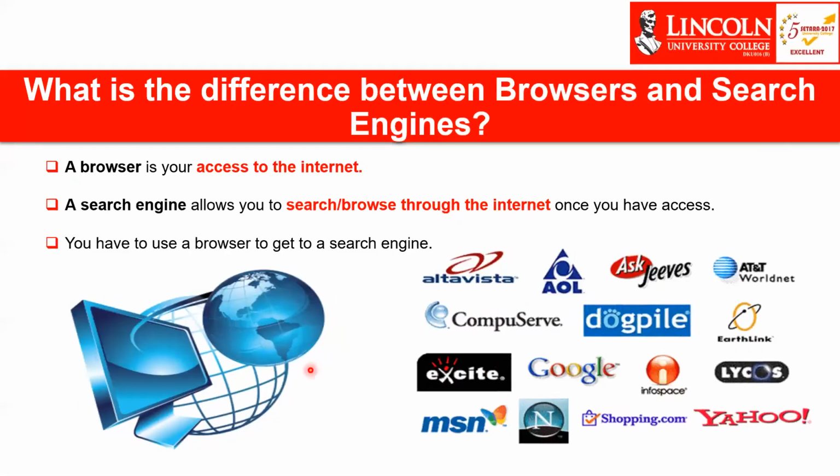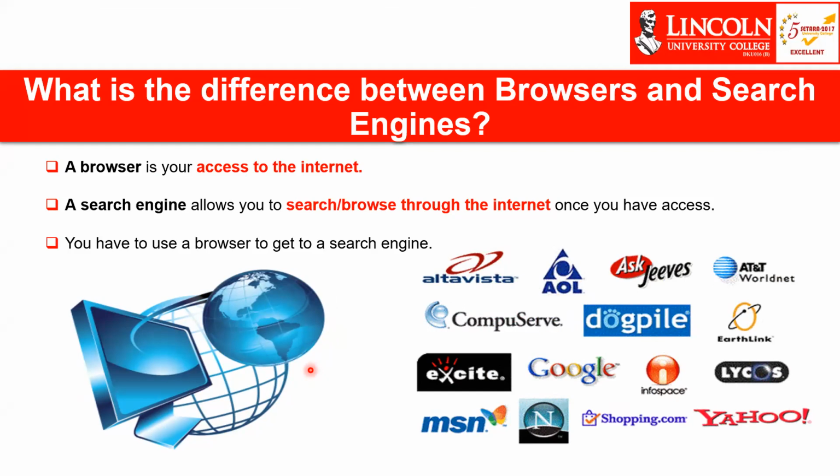Now, the difference between a web browser and a search engine is that a browser is your access to the internet. A search engine allows you to search or browse through the internet once you have access, just like a car on a road. Without a road, you cannot drive. And even if you have a road, you still need a car to drive, to navigate around.